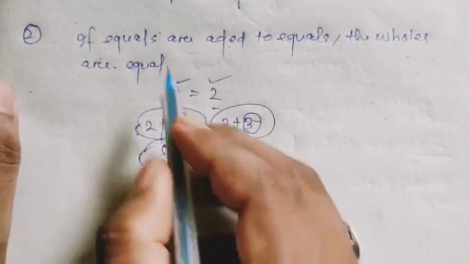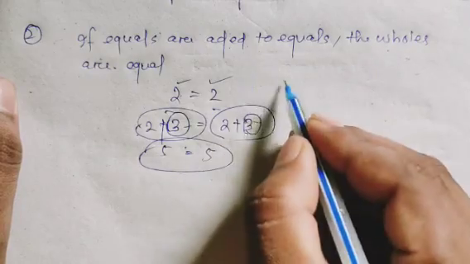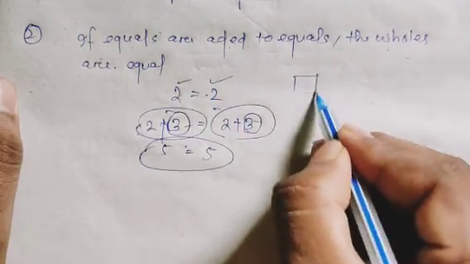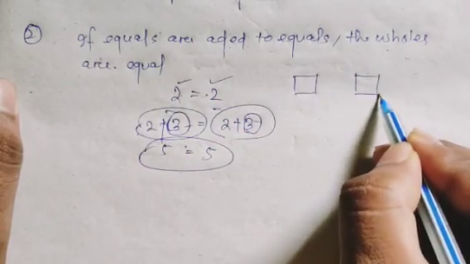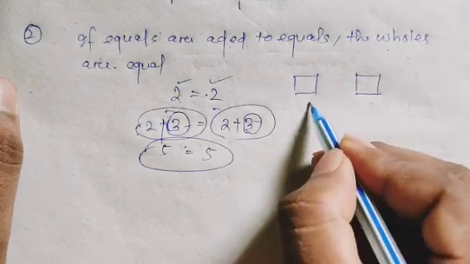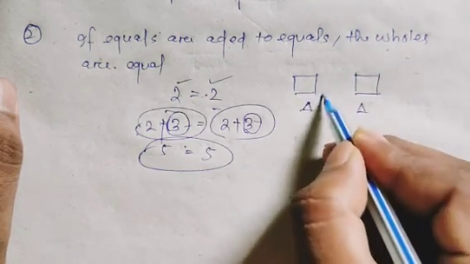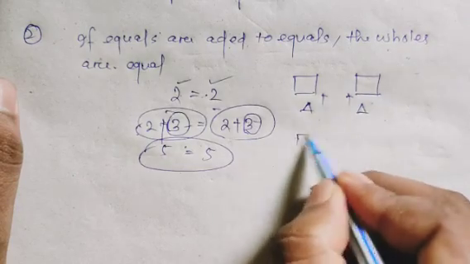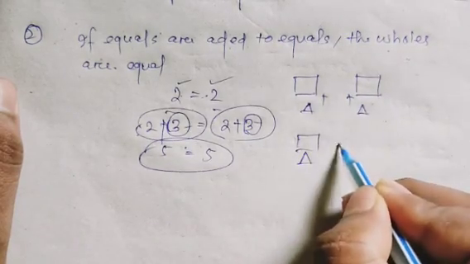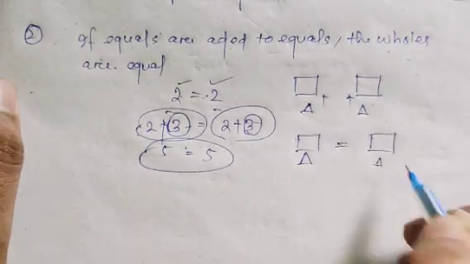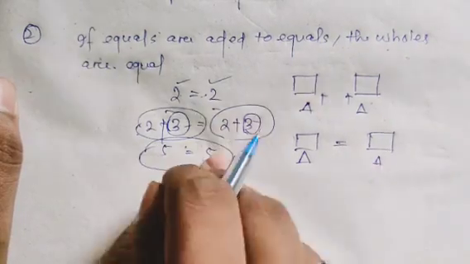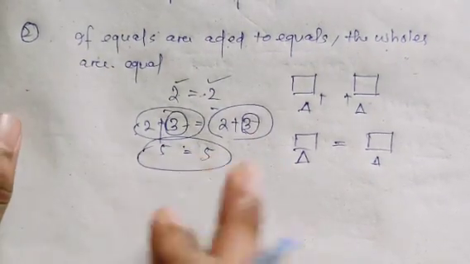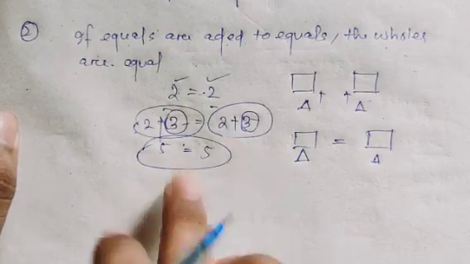Here two things are equal. Let this be a thing and this be the thing. The similar thing is added to this, and the answer will be equal. Right, this is the meaning of his axiom 2.